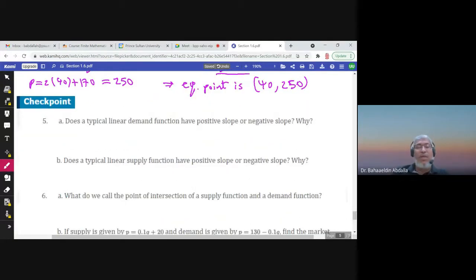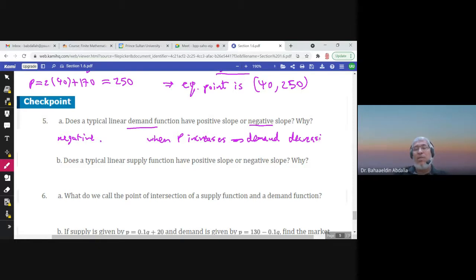Checkpoint. Does a typical linear demand function have positive slope or negative slope? If you remember, we said the demand has negative slope. And the reason? Because when price increases, demand decreases.